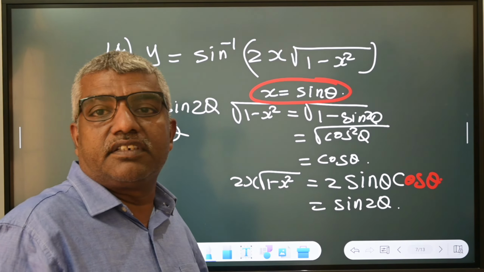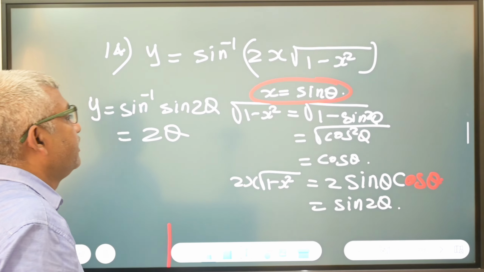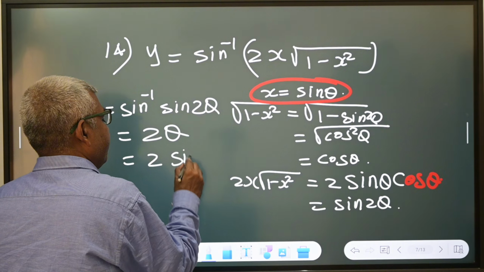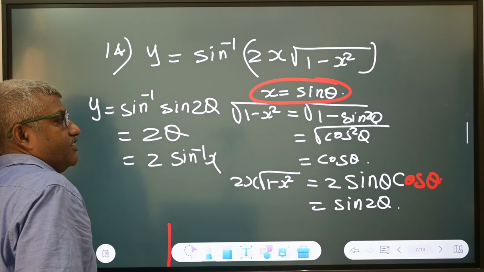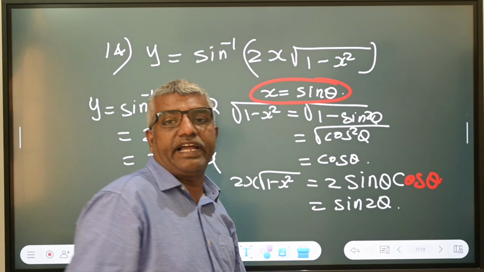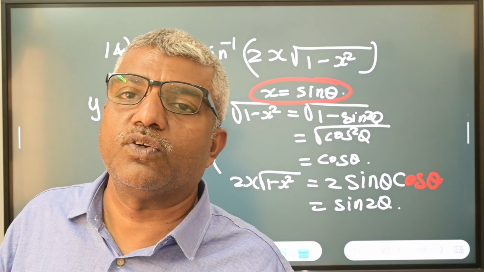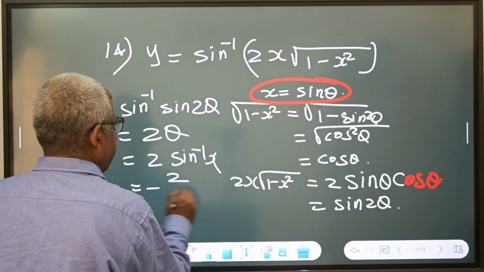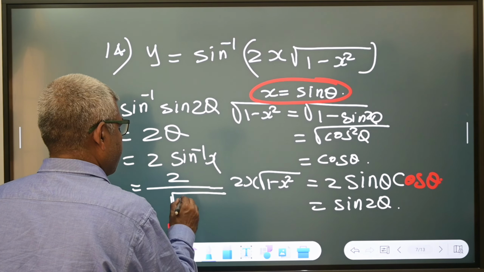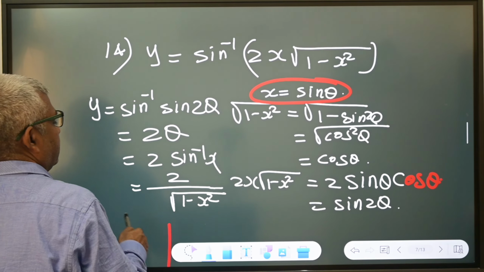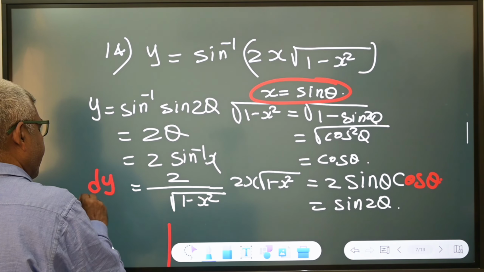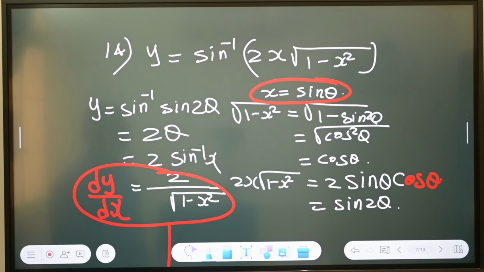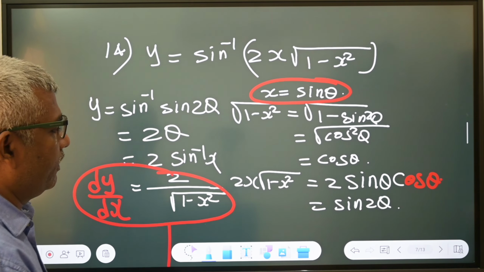Don't write tan inverse x, because here x is equal to sine theta, so theta is equal to sine inverse x. So y is 2 sine inverse x. What is the sine inverse x derivative formula? 1 over square root of 1 minus x square, so dy by dx is 2 over square root of 1 minus x squared. Copy down.